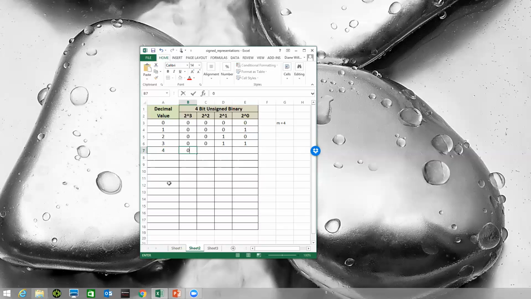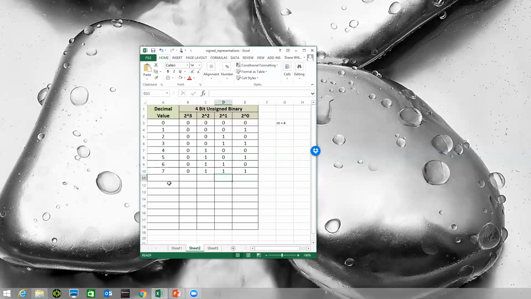We can keep filling this in. Here's 4. 5 is 0, 1, 0, 1. Remember from your last lesson, you were told that it's very important to start learning these patterns. Hopefully you've worked on that and you're starting to recognize these as well.